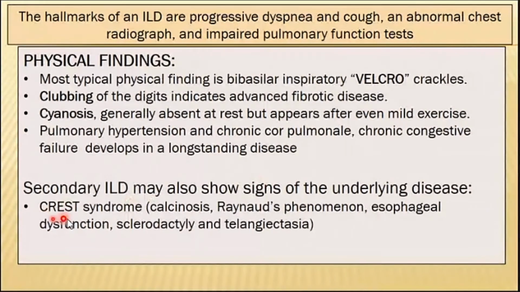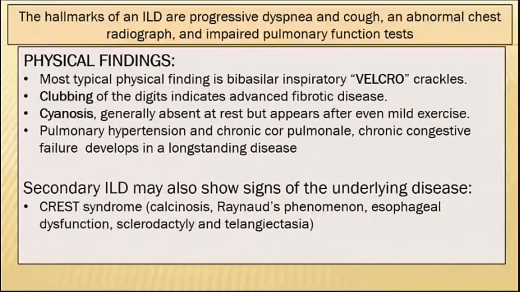For example, CREST syndrome, a manifestation of systemic sclerosis. You have calcinosis, Raynaud's phenomenon, esophageal dysfunction, sclerodactyly, and telangiectasia. So once you identify a person on examination having these features, you're suspecting CREST syndrome, part of your workup should include a PFT and your HRCT.